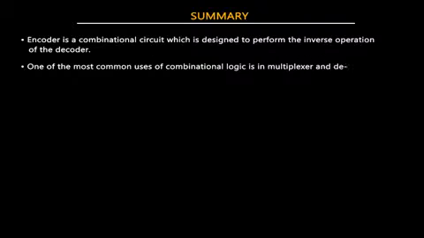Now in the end, let us summarize what we have learned in this lecture. Encoder is a combinational circuit which is designed to perform the inverse operation of the decoder. One of the most common uses of combinational logic is in multiplexer and demultiplexer type circuits.